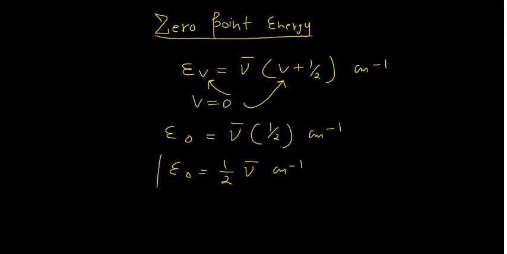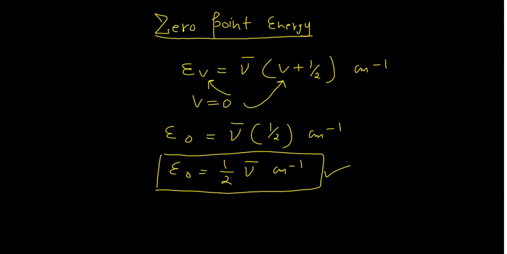That means when your molecule is in the ground state, the zero vibrational state, then in the zero vibrational state also it will have an energy of the value half nu bar. This is something very important, and this is the difference between the classical mechanics and the wave mechanics.